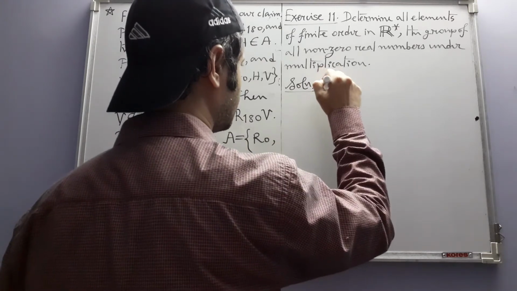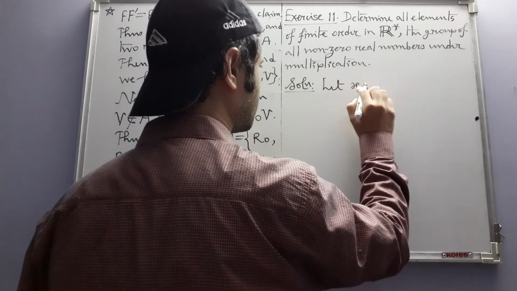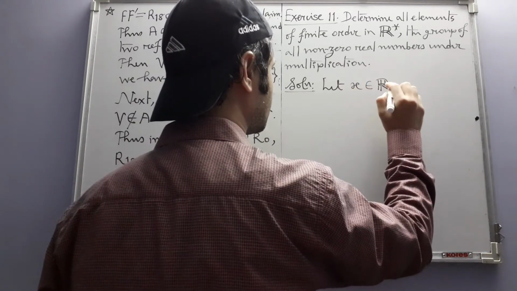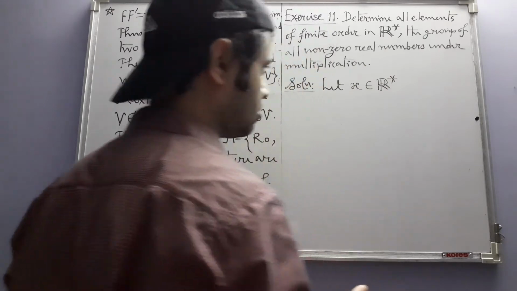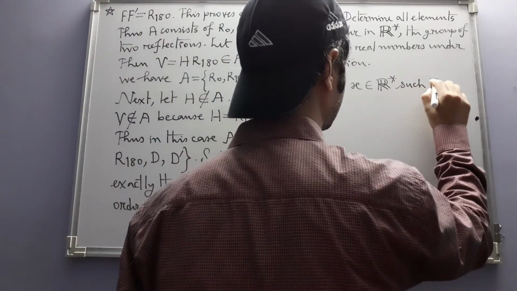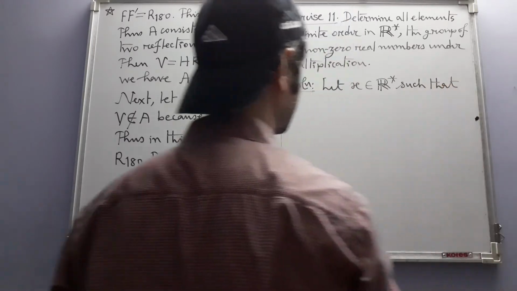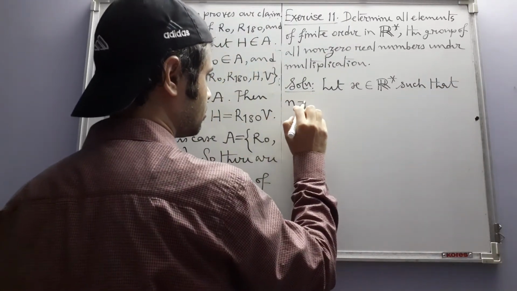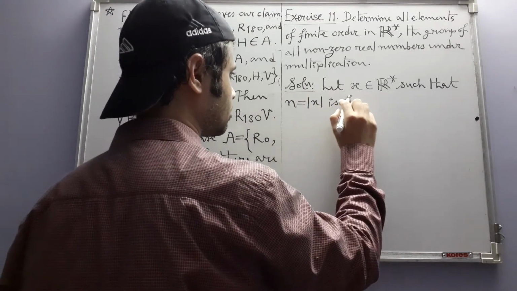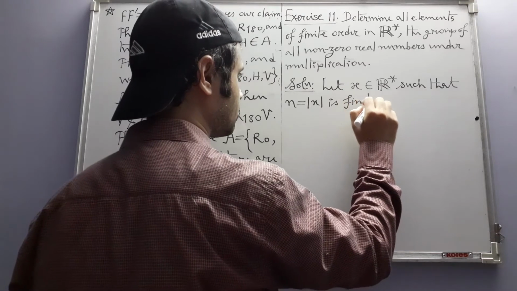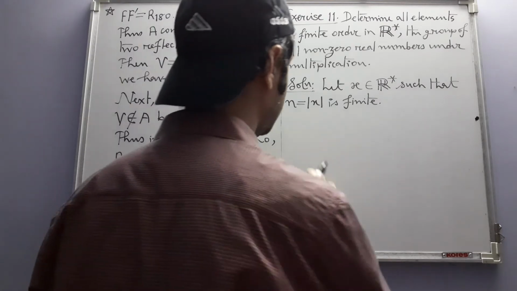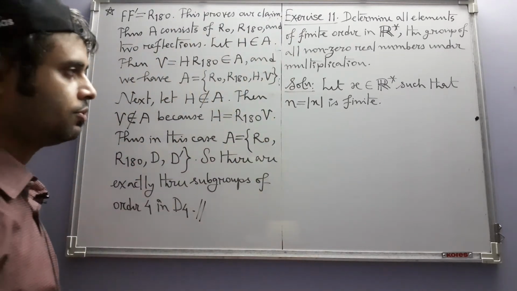Okay, let x be a non-zero real number such that n equal to order of x is finite. Okay, that means n is some positive integer.